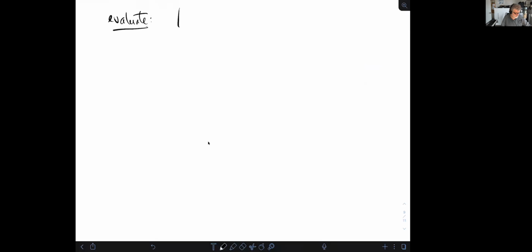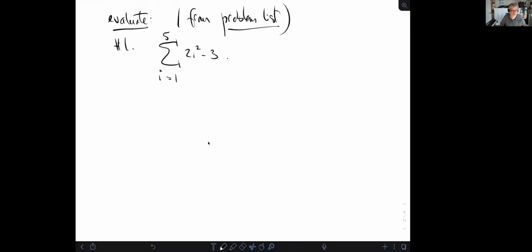So this is from the problem list. Okay, so number 1 is the sum, i equals 1 to 5, 2i squared minus 3. Okay, let's do that.